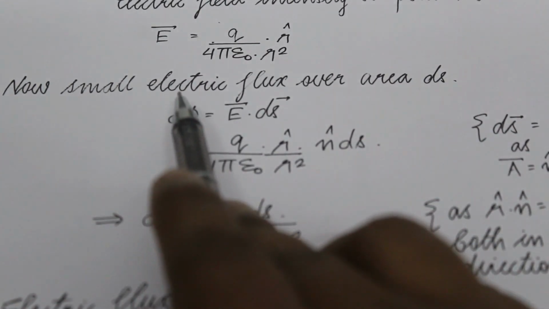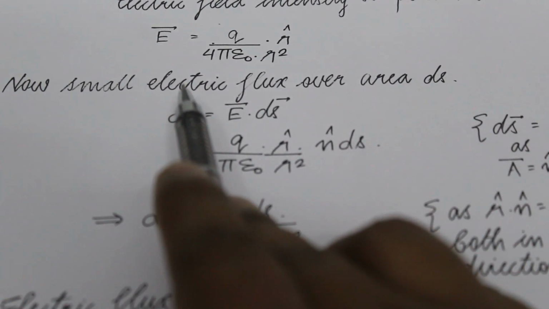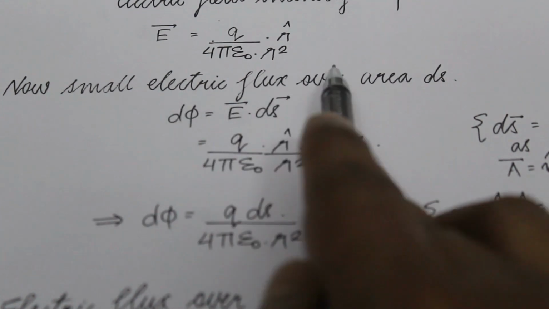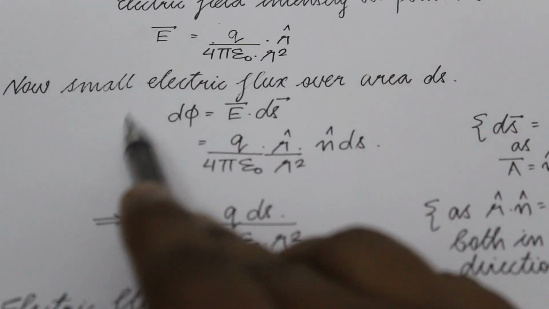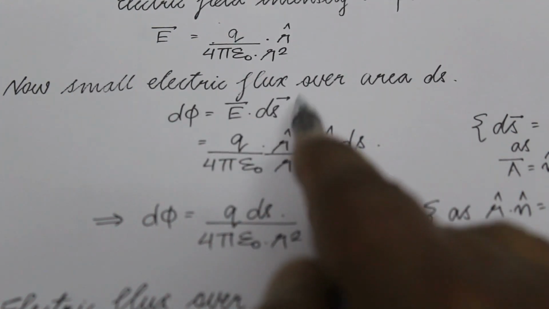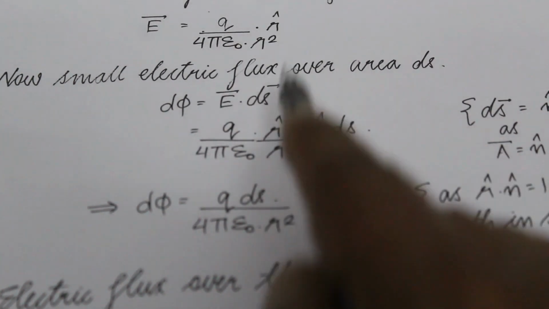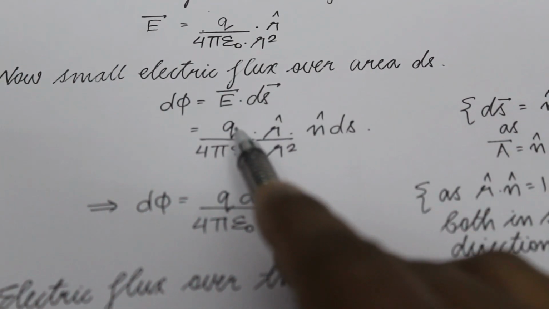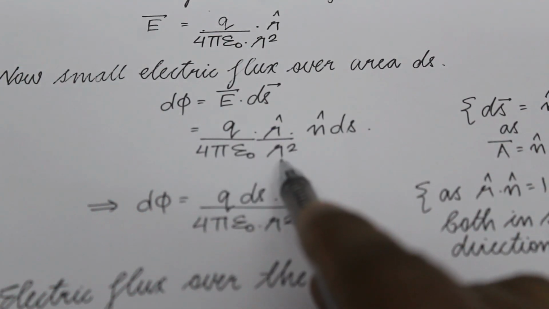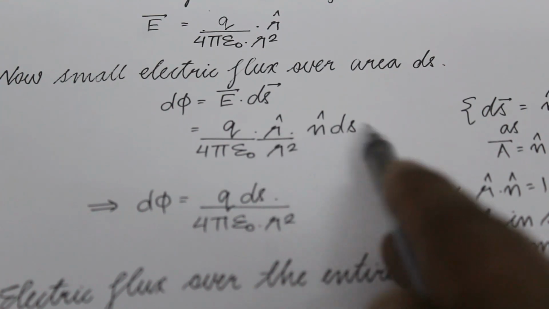Now as I discussed, if we find out electric flux through a small area and integrate it, we'll be able to get the total electric flux. So the small electric flux over the area ds will be given by d phi is equal to E dot ds, as the area of that small part is ds. So putting the value of E, q upon 4 pi epsilon naught r square, r cap dot n cap ds.